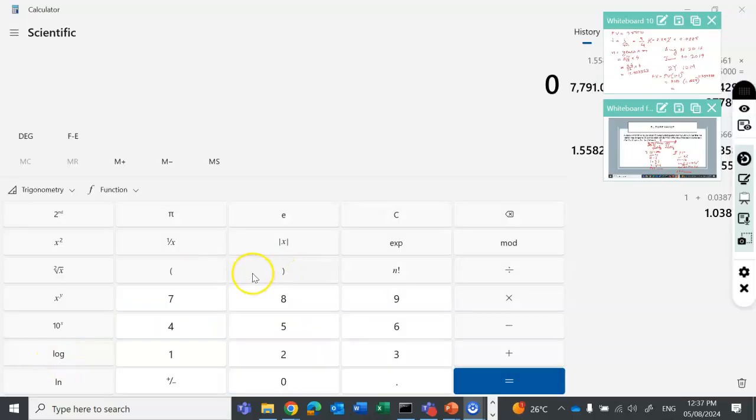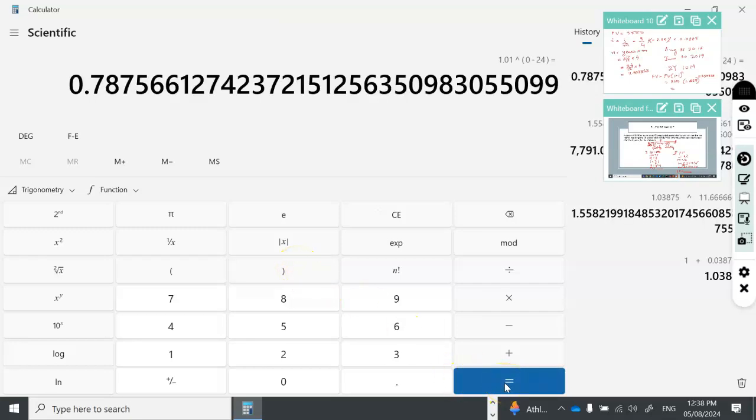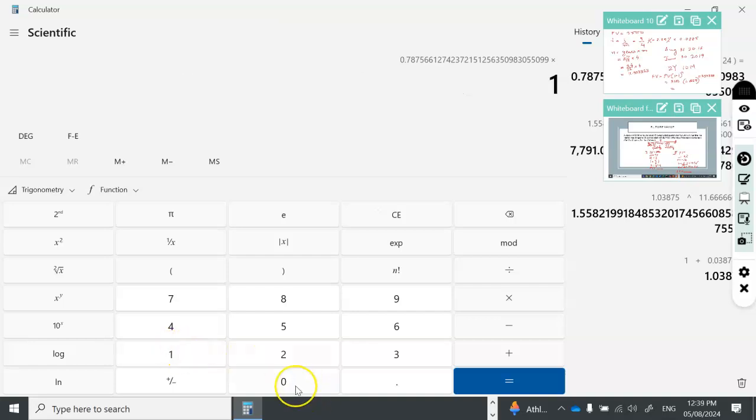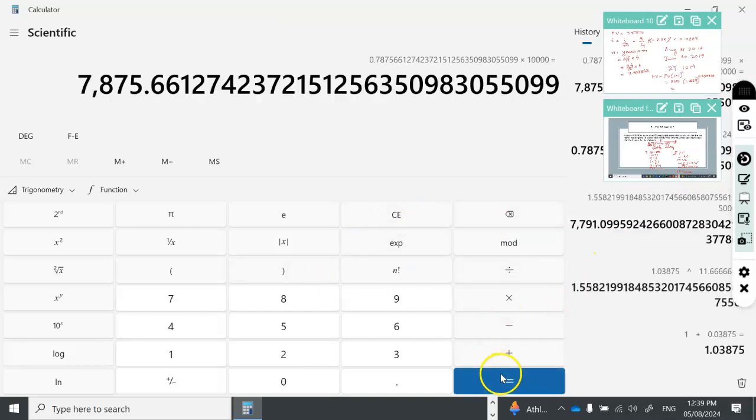We'll follow the BEDMAS rule. 1.01 exponent, and we'll use a bracket after that, negative 24. Bracket close. So we get the exponent calculated first and then multiply it with your future value, which is 10,000 given here. So we get 7,875.66, rounding to 2 decimal places.